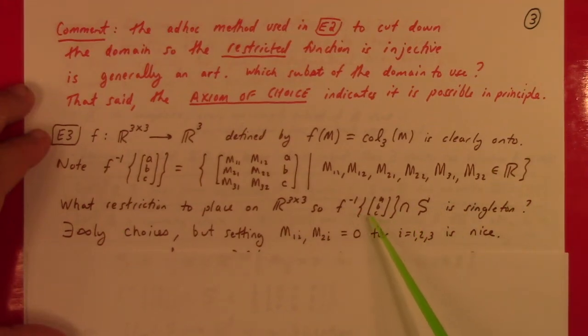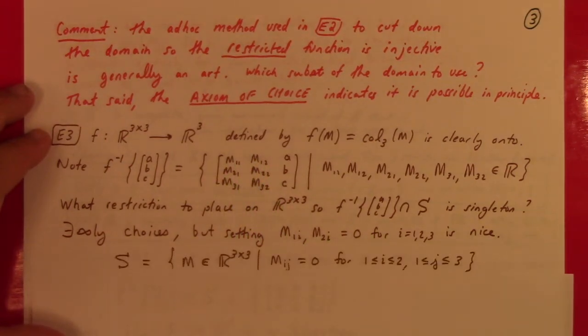Anyway, how can we make the inverse image of this point, and how can we create a set S so that this intersection is a singleton? Well, I say there exist infinitely many choices, but certainly if we just set all of these to 0, that'll work. So S is the set of matrices such that the first 2 columns are 0.